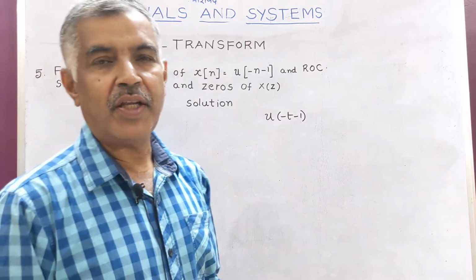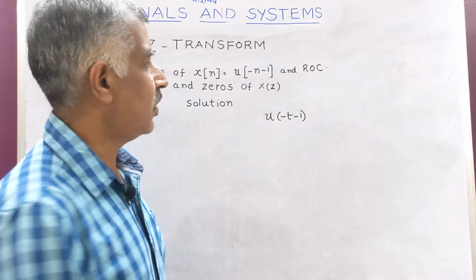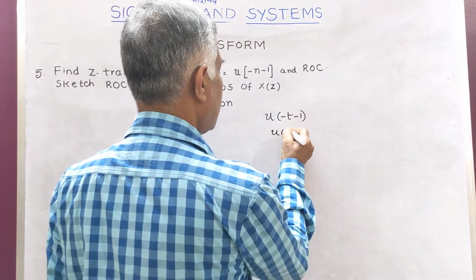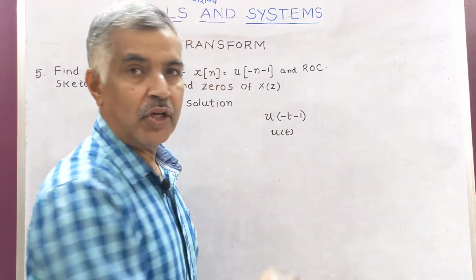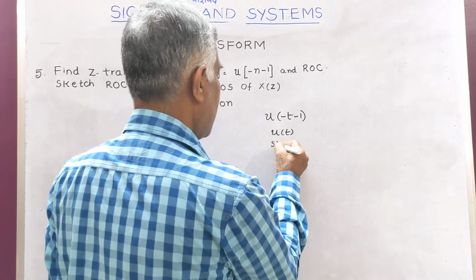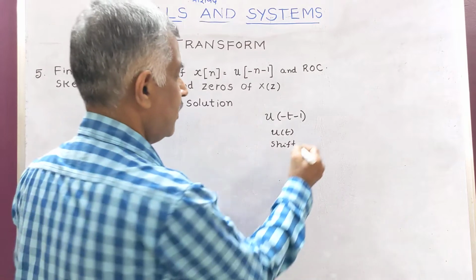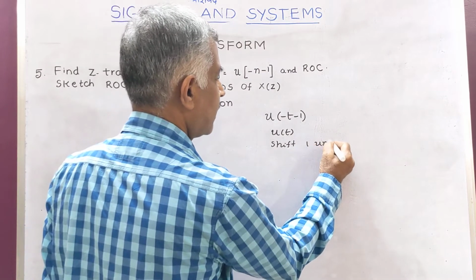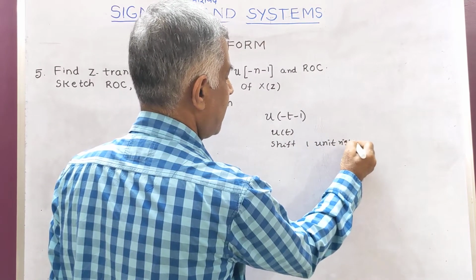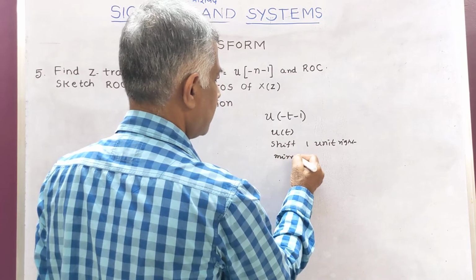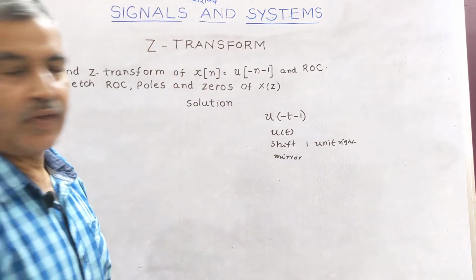You know that priority is for shifting. So take u of t, shift by 1 unit to the right, because it is minus 1 unit, then take the mirror image. That is what gives u of minus t minus 1.